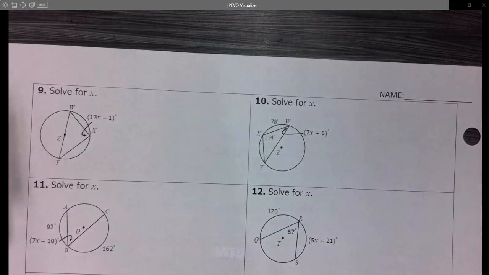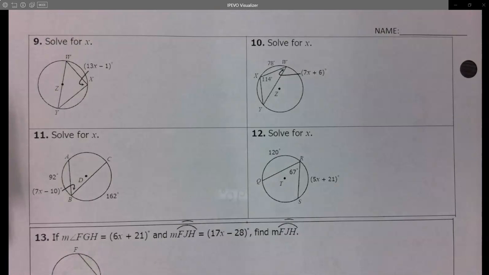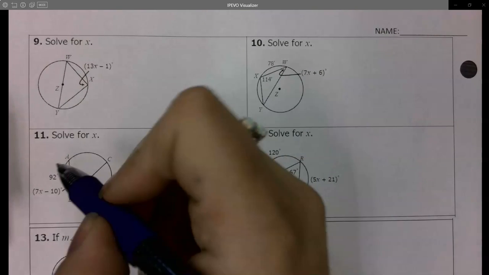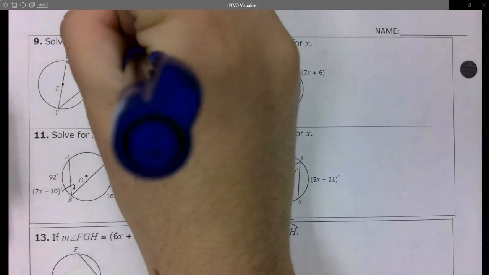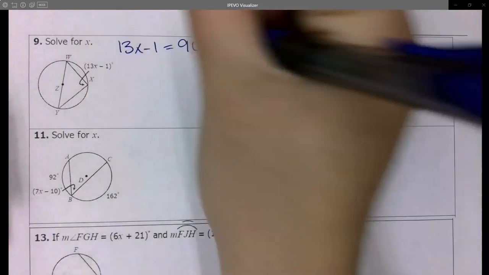So moving on to the next slide. I have this one that wants me to solve for x. This is a diameter, so I know that this angle is going to equal 90 degrees. So I can just start off by setting this equal to 90.